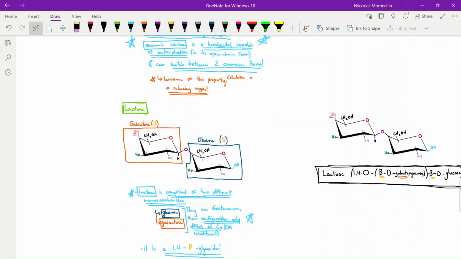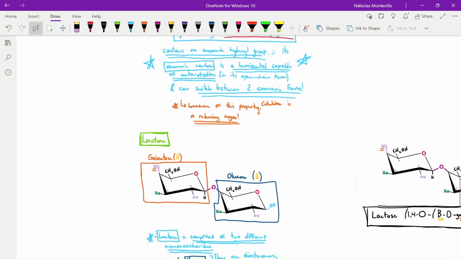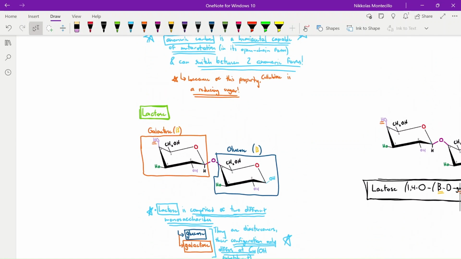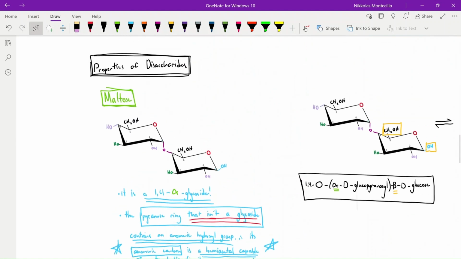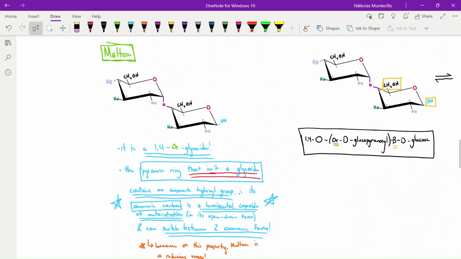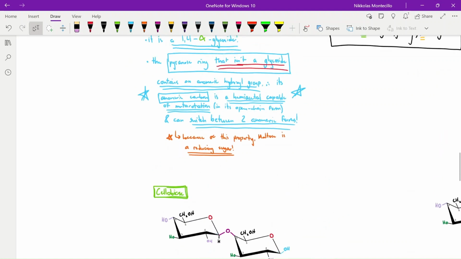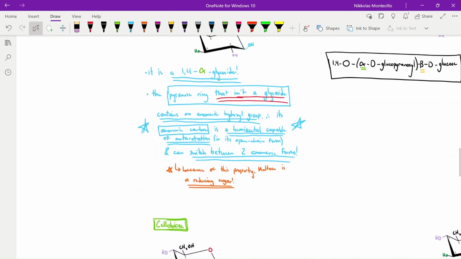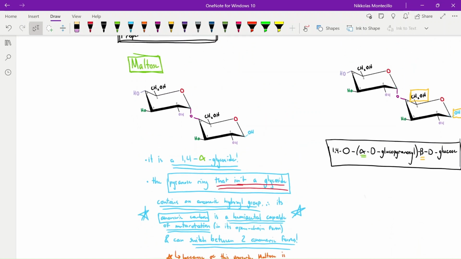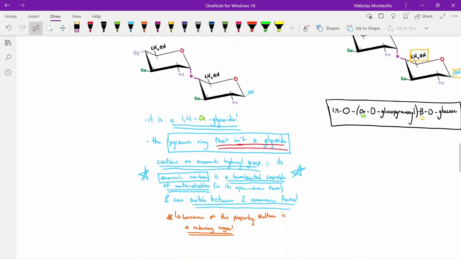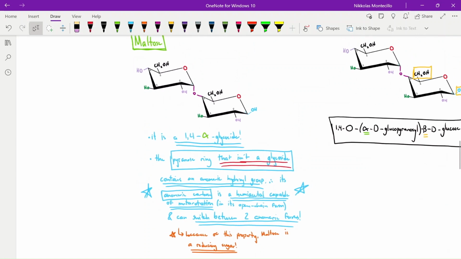Now, lactose is very different from the previous disaccharides. Take notice here that between maltose and cellobiose, the only difference between the two disaccharides is the spatial configuration.